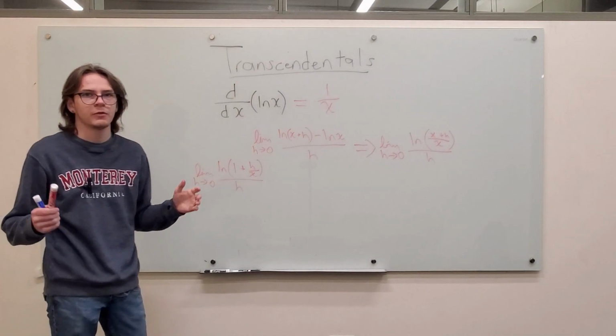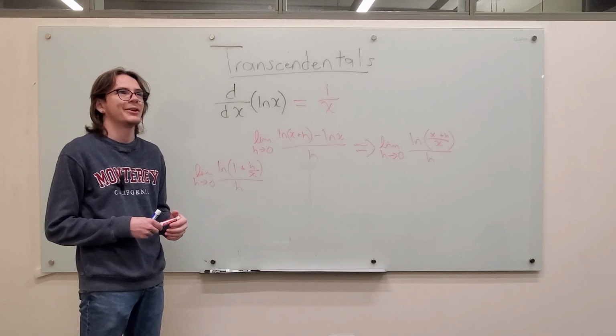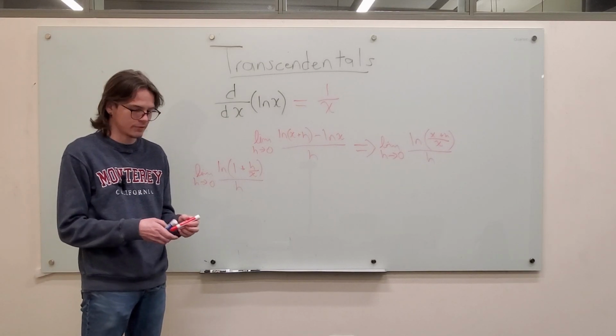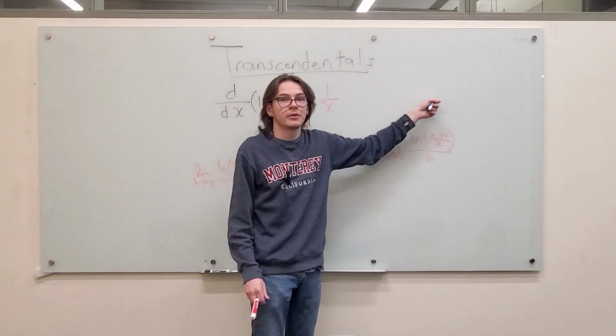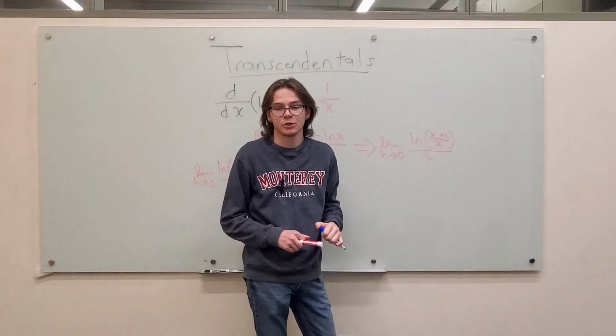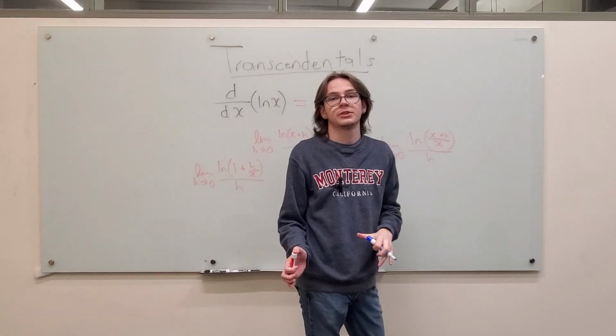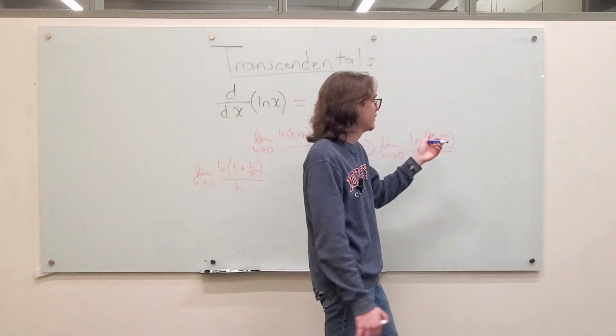From here, it's going to take a bit of a weird turn because there is another definition we need to solve this. So up here, I'm going to write the definition of Euler's constant e, which I'm assuming you have heard of at this point. We're going to use this to solve a few problems today.